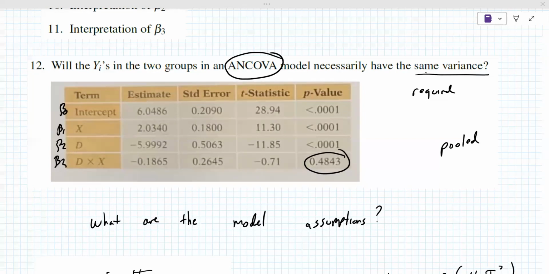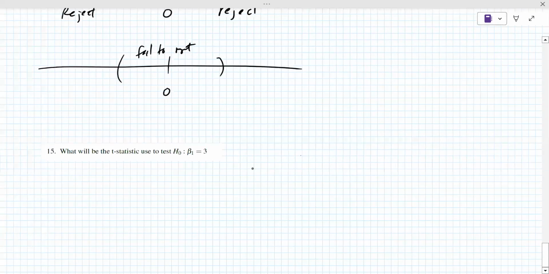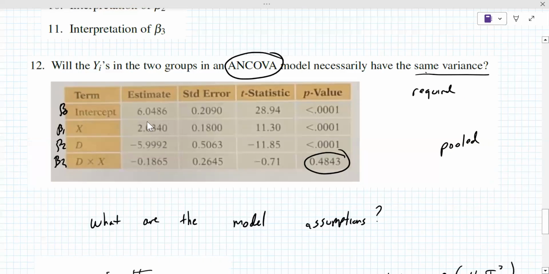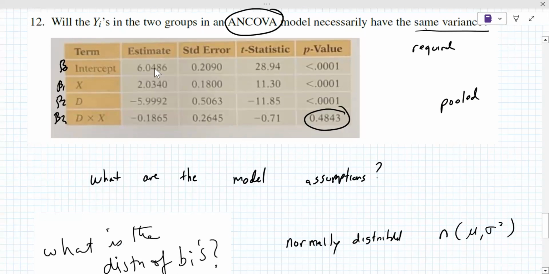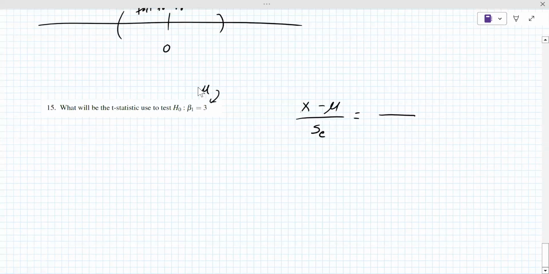So it would be like 2.034 minus 3 over 0.1. It's still always X minus mu over standard error, no matter where you are in the course. So this is mu, and the X is given right there. Then you can calculate that. You can do it for all of them, right? You could be asked for any of that. Cool. Okay, good.